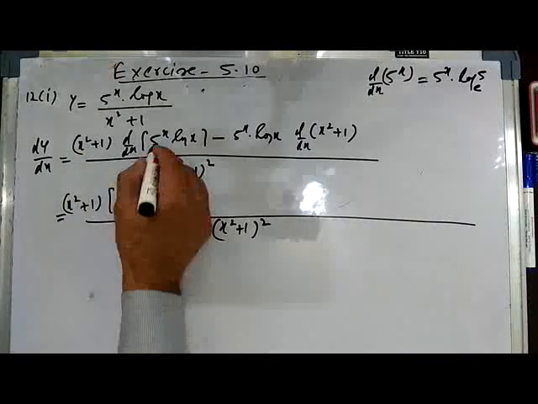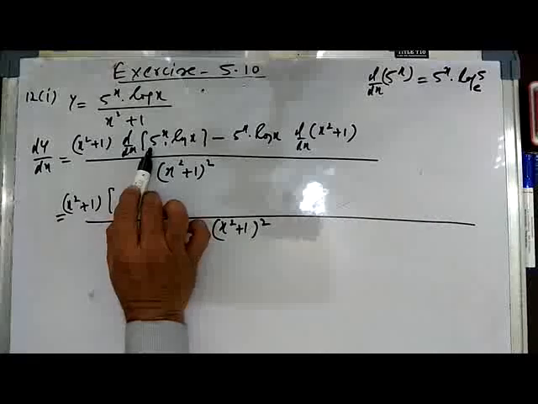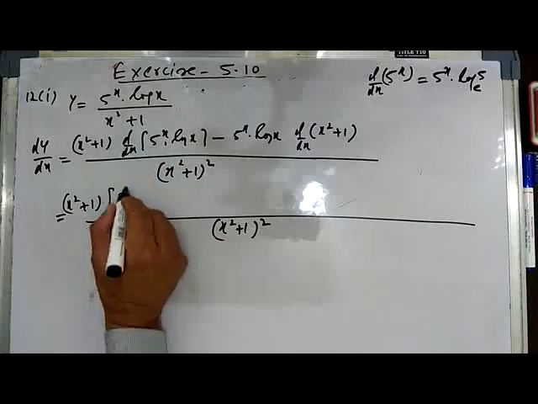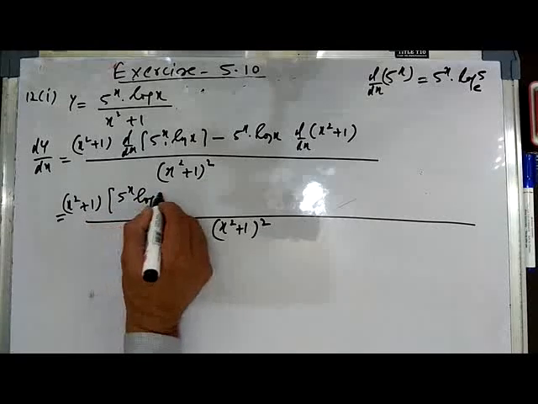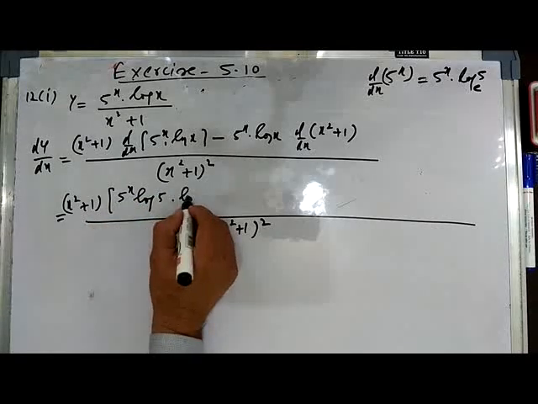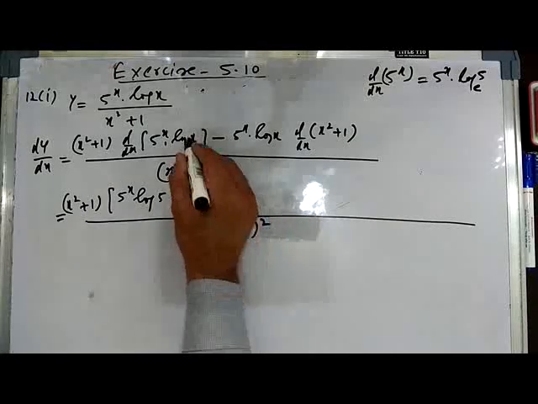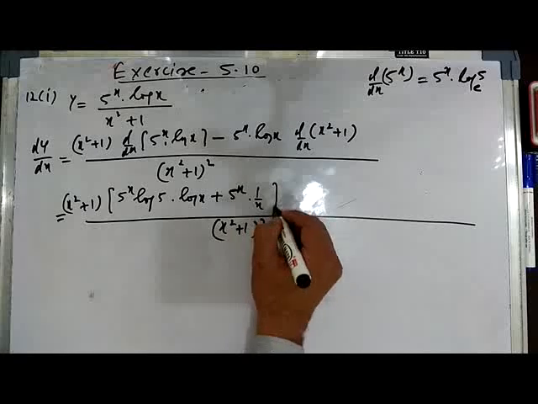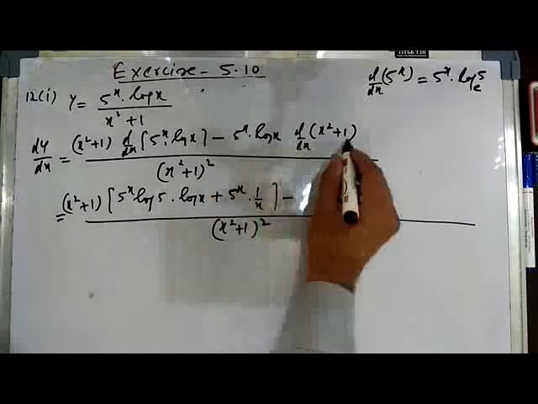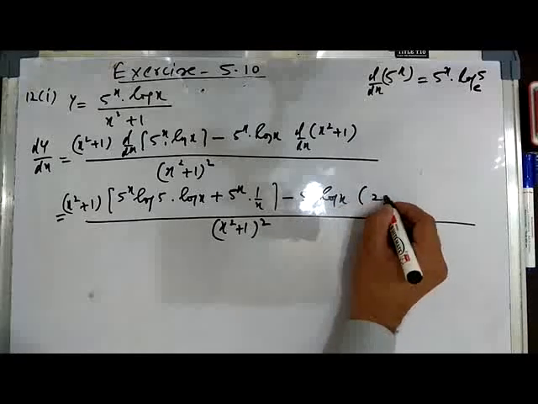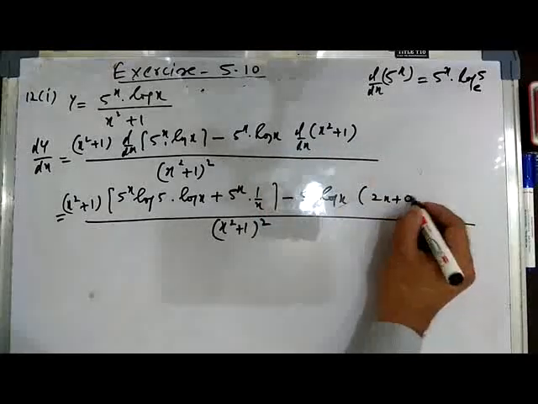Now we have to differentiate this because there are two functions, 5 to the power x and log x. So first we differentiate 5 power x as 5 power x log 5 and log x is as it is. Then we fix 5 power x, the differential of log x is 1 upon x. Then we come here, 5 to the power x into log x and the differential of this function is 0.